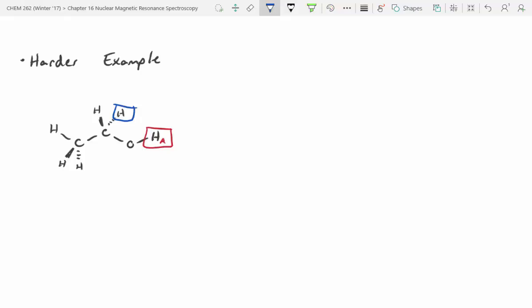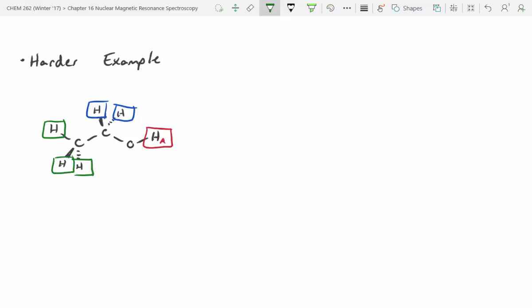If we think about ethanol, we can cut it in half through the two carbons and the oxygen. That blue hydrogen is in the same environment as that hydrogen, because there's a plane of symmetry going through the molecule itself. And last but not least, are there any others like this? Yeah, the other two, because we said methyl groups spin like helicopter blades.